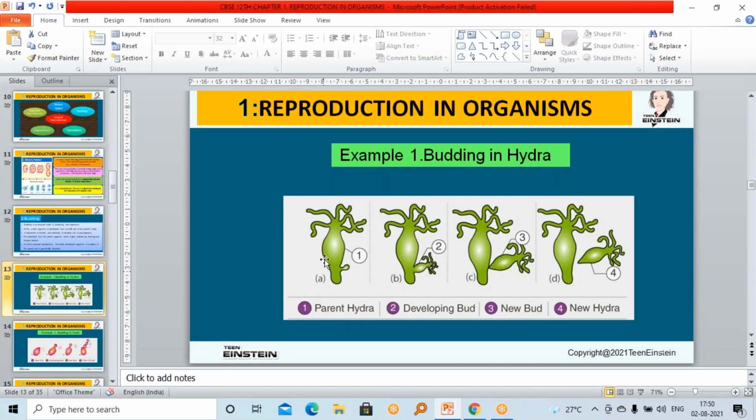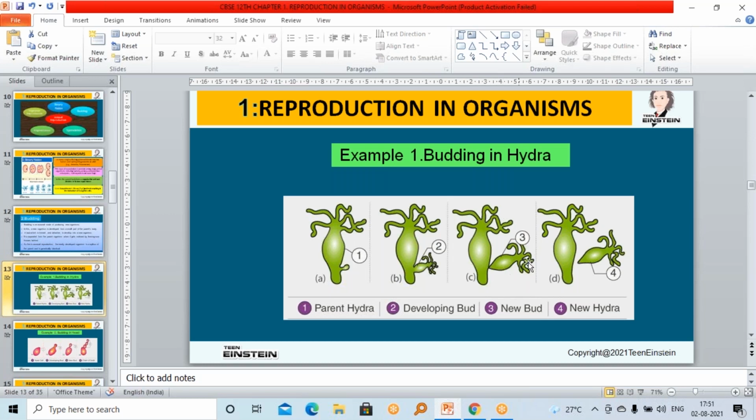There will be genetic identity between the parental organism and the newly formed organism. This budding occurs in yeast, hydra and others.